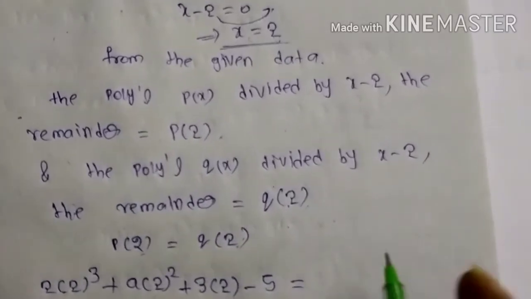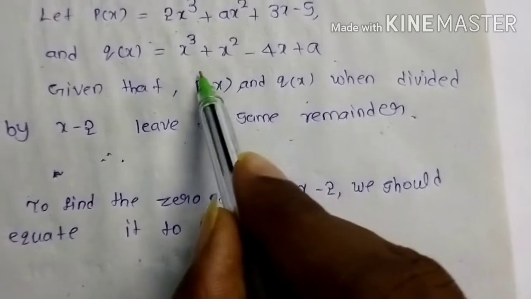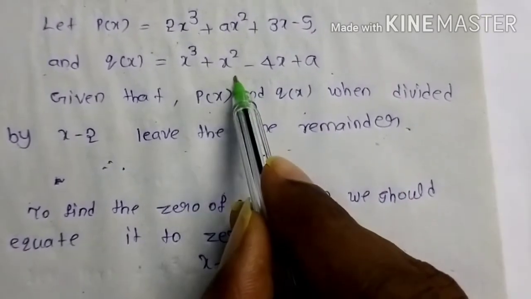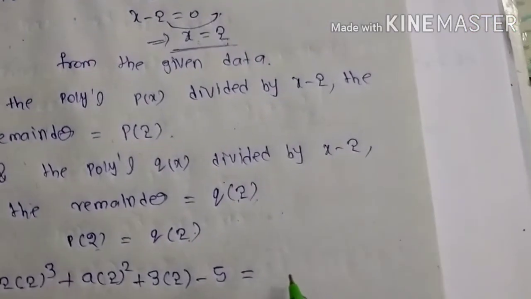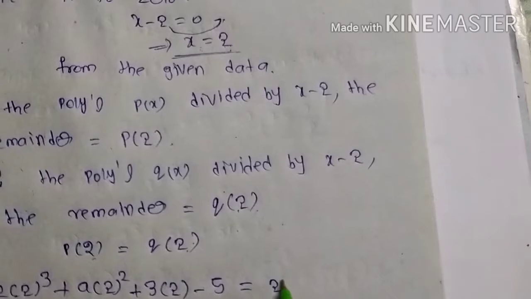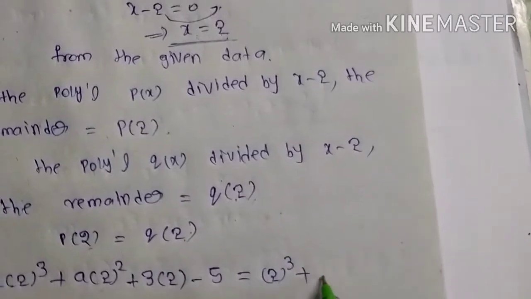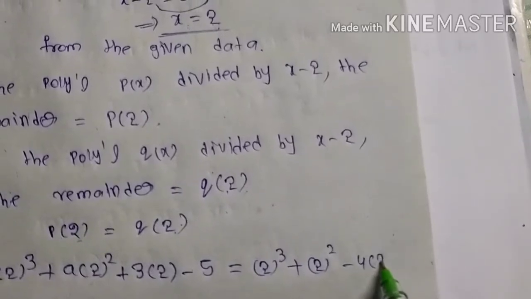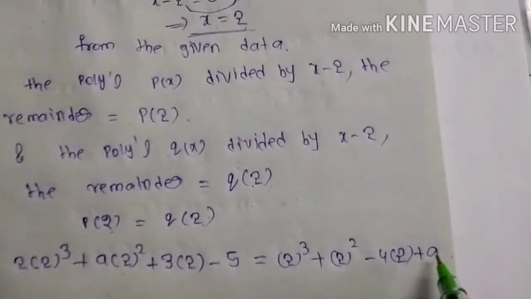Q of 2. Q of 2 means you can substitute here x cube plus x square minus 4x plus a means 2 cube plus 2 square minus 4 into 2 plus a.